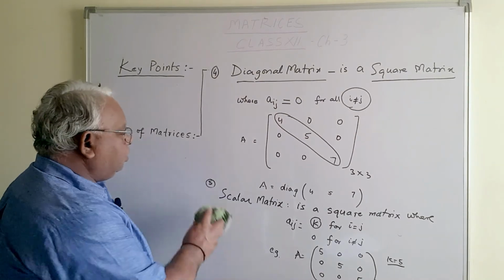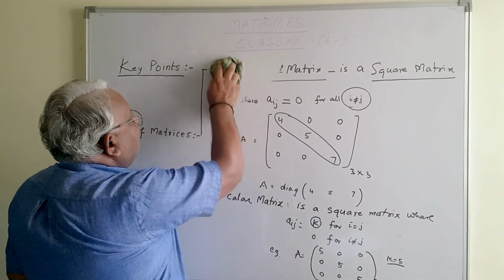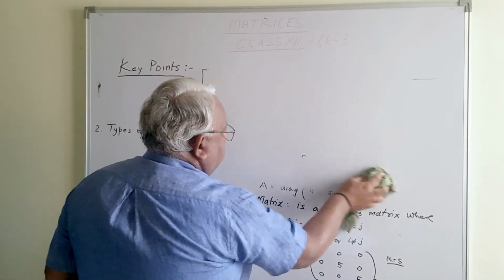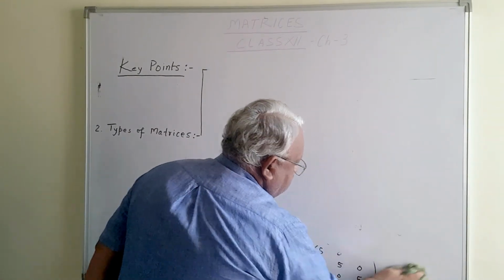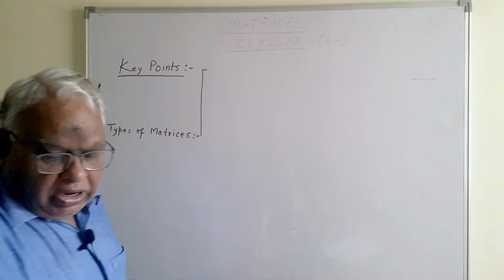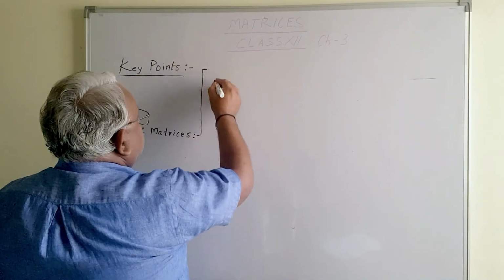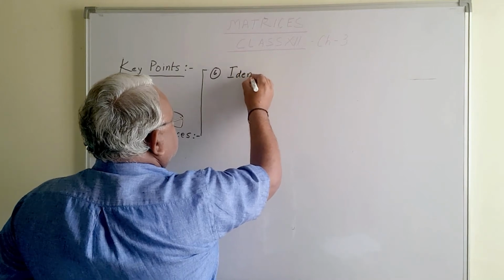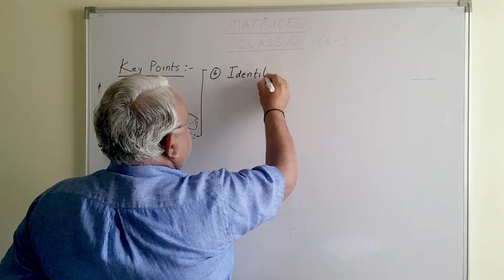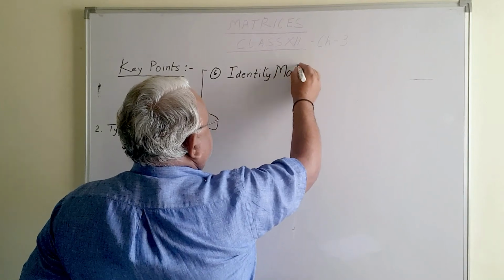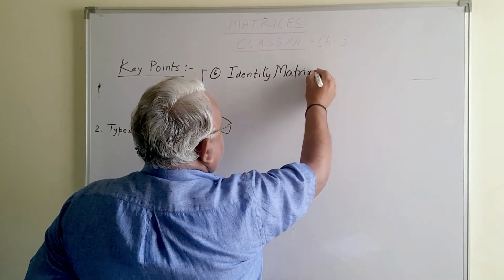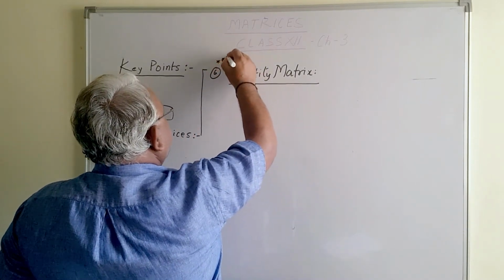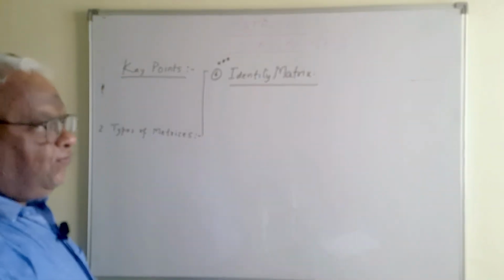Two more to go. Let us try to understand that also. This is identity matrix. This is one of the most important matrices.